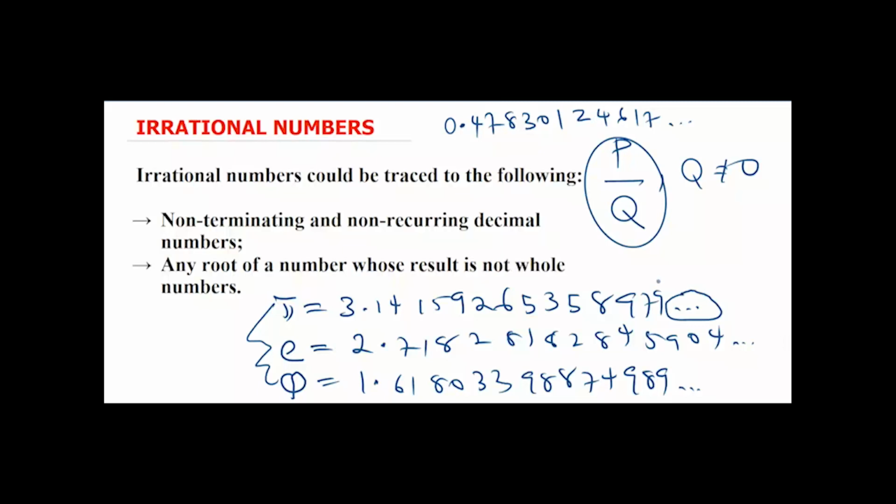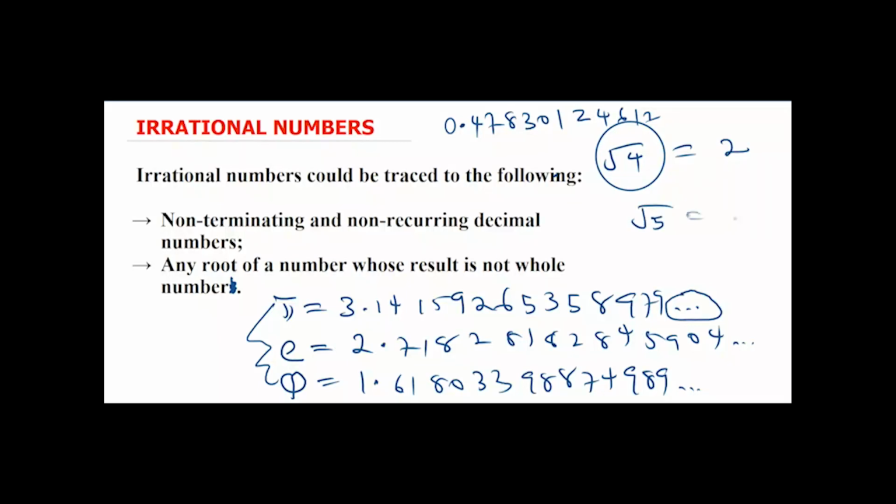The second criterion is any root of a number whose result is not a whole number. If you have the square root of 4, on the previous page we told you that it will give you 2. That means the square root of 4 is a rational number. But if you have the square root of 5, it will not give you a whole number. Rather, it will give you a non-terminating and non-recurring decimal number.